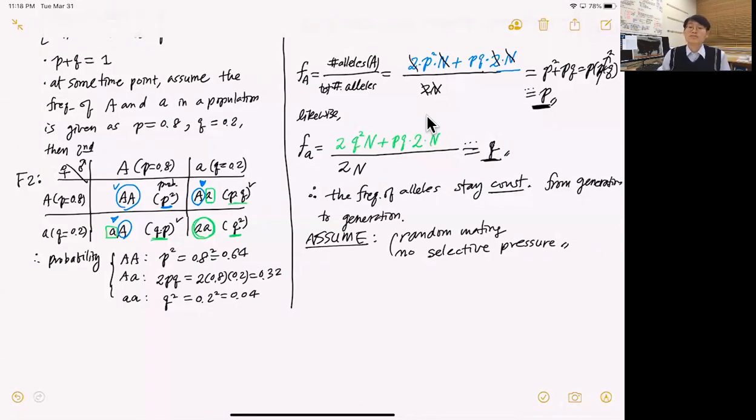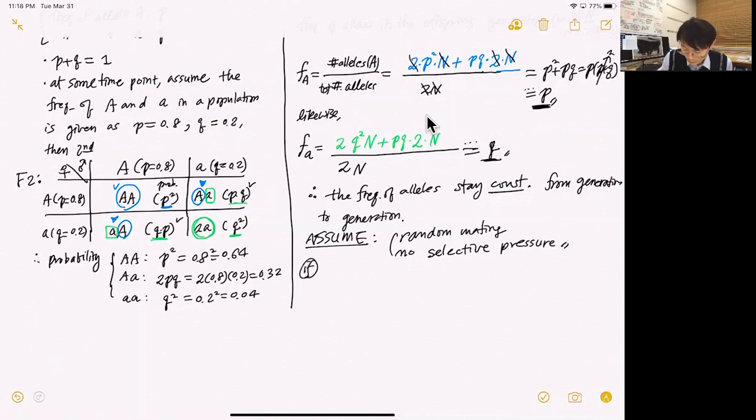But there could be exceptions. What if there is an external factor that changes the inheritance pattern?